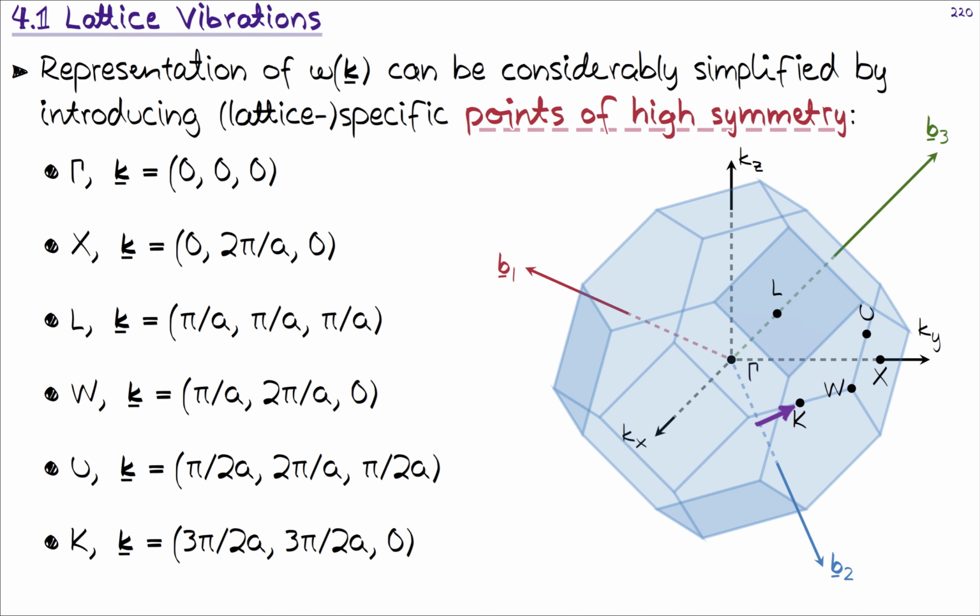And luckily, we usually only need to look into these very specific locations in our 3D dispersion relation, so this is many times an adequate description of the dispersion relation. And please remember that we are now considering a face-centered cubic lattice.